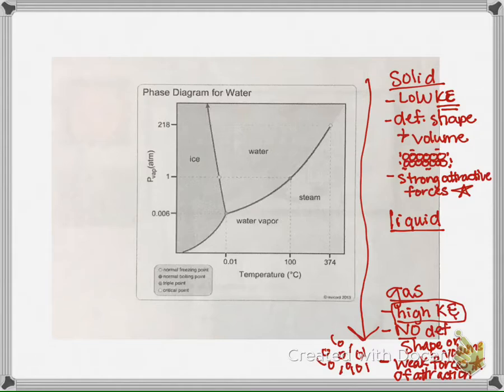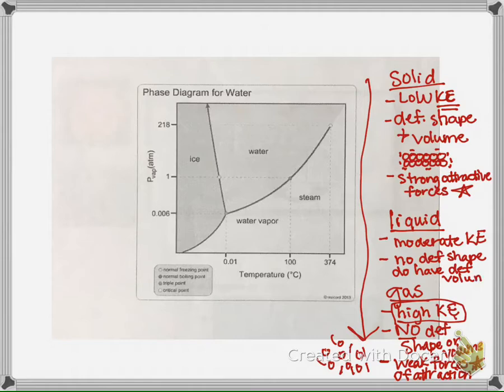Now between the solids and the gases is the liquid, where there is moderate kinetic energy, okay? So that basically means it is higher than solids, but it is lower than gases in terms of their energy of motion. Now, they have no definite shape, but liquids do have definite volume, okay? So they have a definite amount of space that they take up.